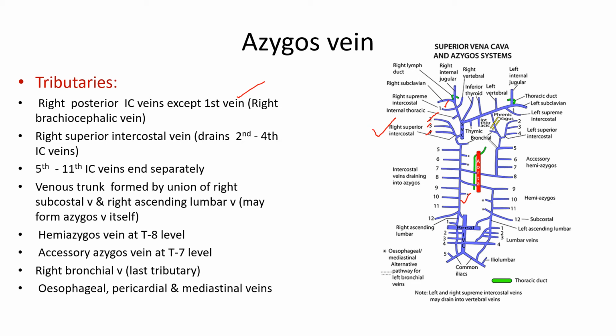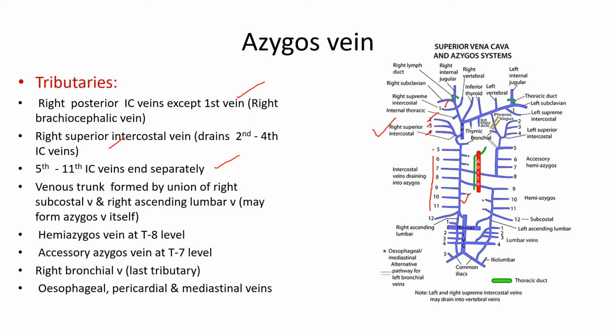Then 5th to 11th intercostal veins, if you see here, they are ending separately. Whereas the 2nd to 4th, they are joining and becoming the right superior intercostal vein, which is entering into the azygos vein.